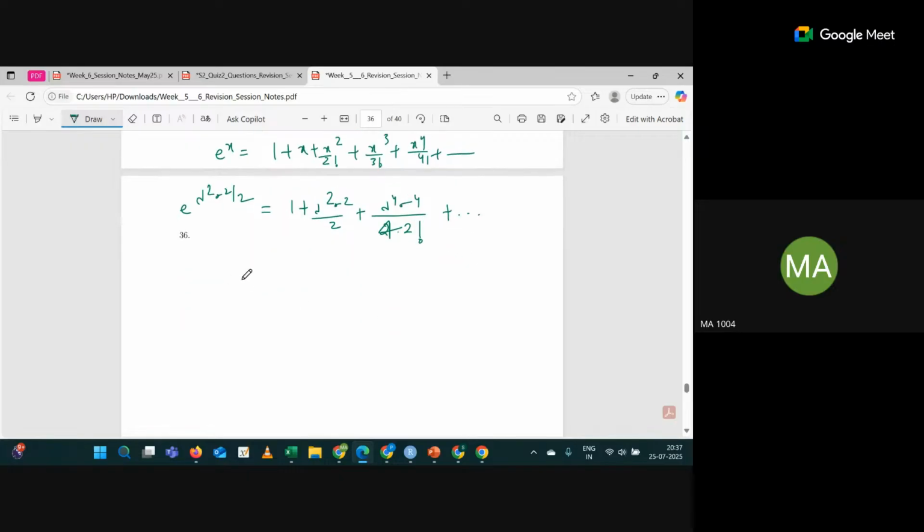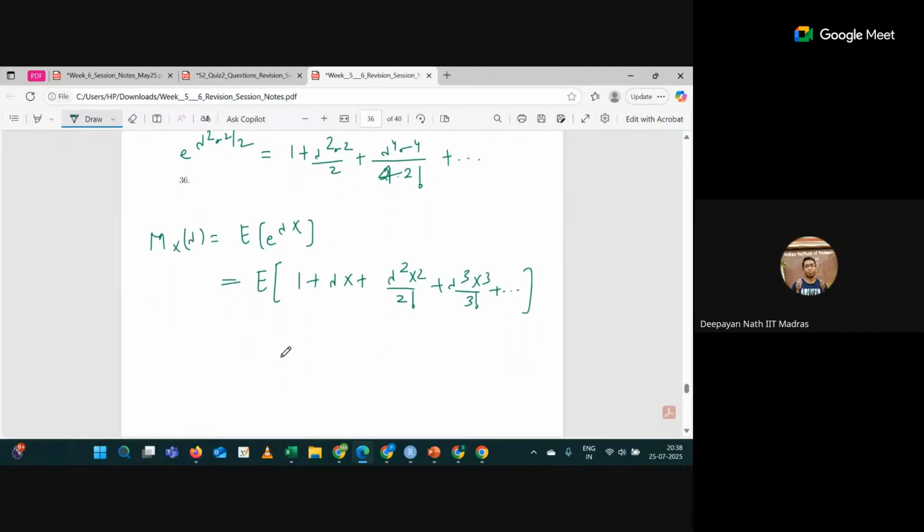Now, okay, let's make it very simple. So what is the M_X(lambda)? This is the expectation of e raised to the power lambda x, right? If you apply this formula, what will it give you? The expected value of 1 plus lambda x plus lambda square x square divided by 2 factorial plus lambda cube x cube divided by 3 factorial and so on.